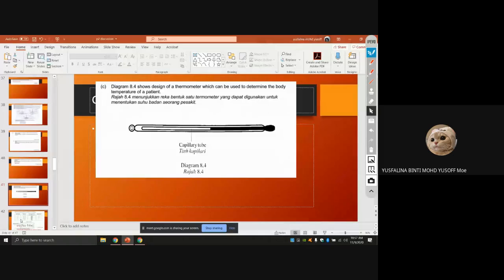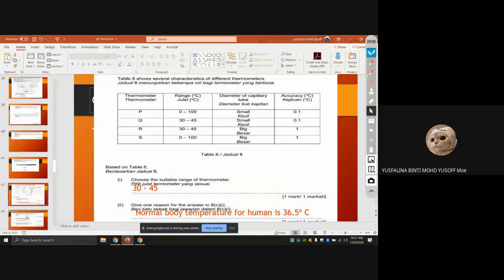Alright, the next one is diagram 8.4, which shows the design of a thermometer that can be used to determine the temperature of a patient. So next you have to choose which one is the best thermometer to measure the patient's temperature.